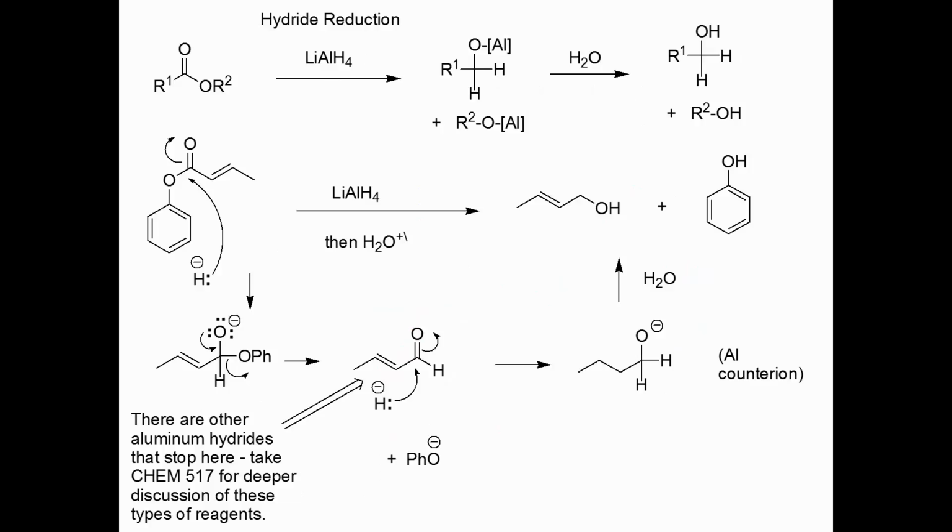Okay, hydride reduction for an ester occurs much like it does for a carboxylic acid. So we're going to react this with lithium aluminum hydride, and we're going to find that we add two hydrogens here. Okay, so you get the primary alcohol, and you get as a byproduct the alkoxide of the alcohol part.